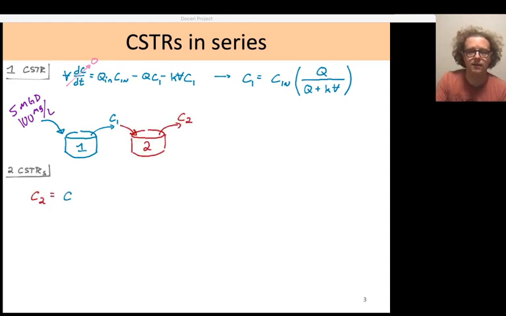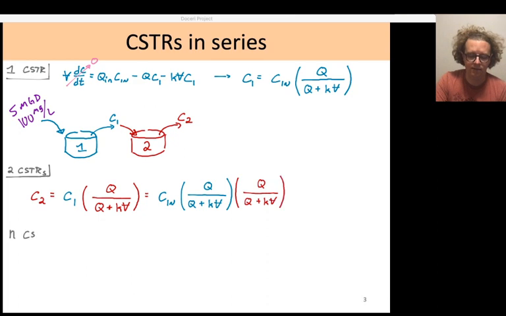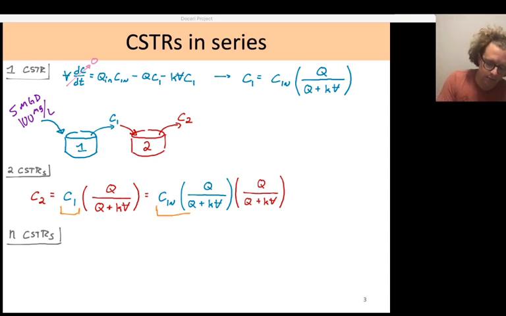Now what if that flows immediately into a second CSTR, drawn here in red and labeled C2? Well, if you knew what was flowing into it, C1, you could use that exact same equation to describe it. Now, a special case that we can look at here is how we could factor this all together. Let me highlight in orange what I've done here. Rather than having C1 in that location, I'm just replacing it with its definition, and that comes from the previous equation.